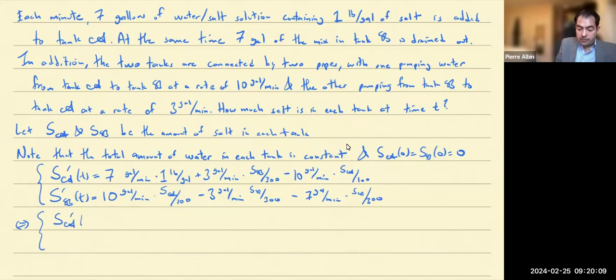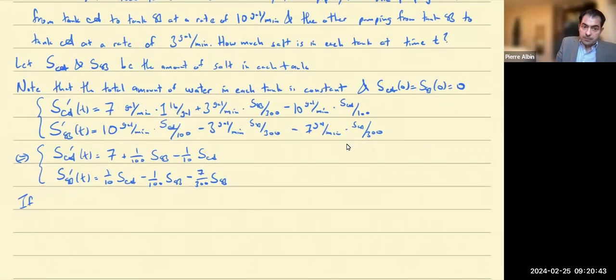S_A prime of t is equal to 7 plus 1/100 S_B minus 1/10 S_A, and S_B prime of t is equal to 1/10 S_A minus 1/100 S_B minus 7/300 S_B.